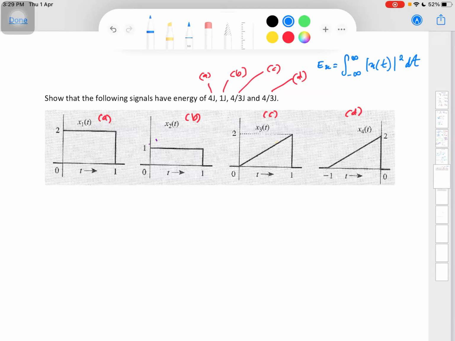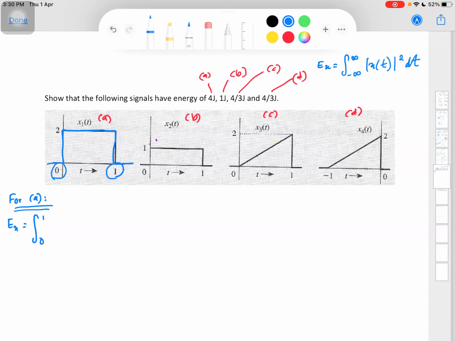Right, so let's have a look at the first signal, A. So the energy will be, right, the limit first, the integration limit. So if you look at this signal, it looks like this. So we want to integrate from 0 to 1.